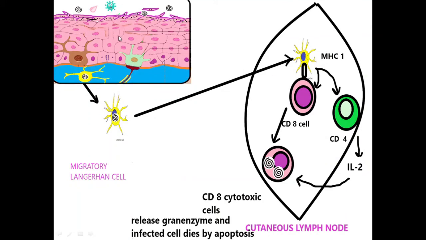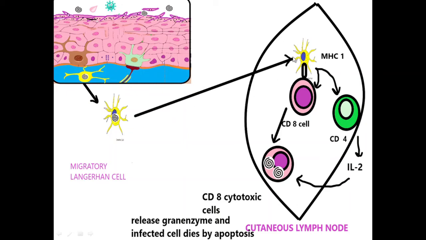Now this is the section of epithelium that I have already shown you. Various antigens are there, bacteria, viruses. The Langerhans cell recognizes an antigen. The Langerhans cell is now moving toward the cutaneous lymph node.